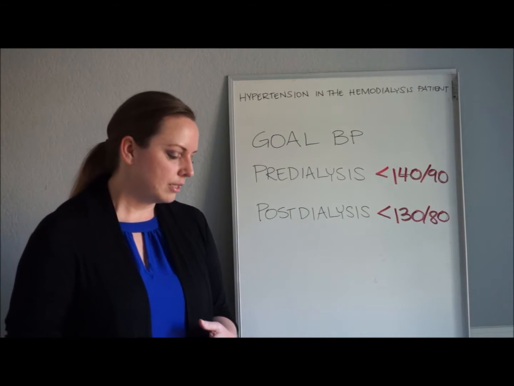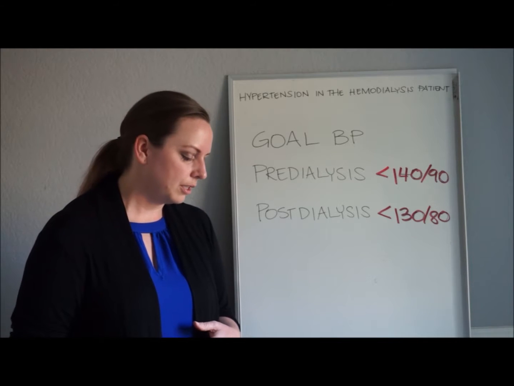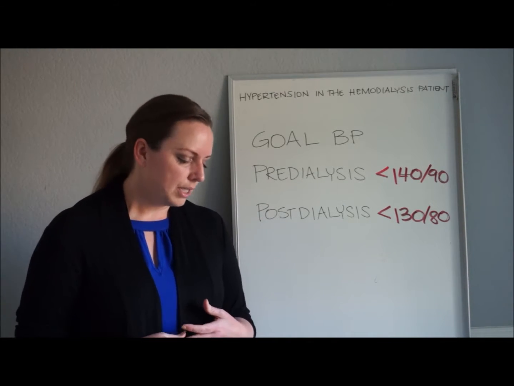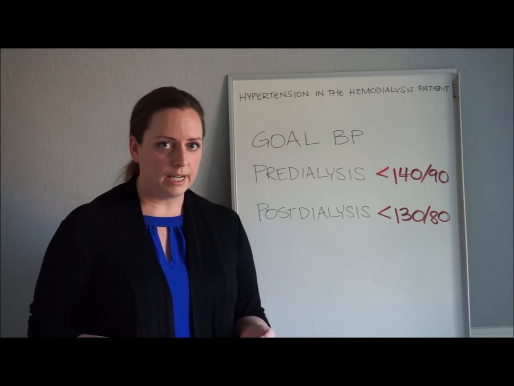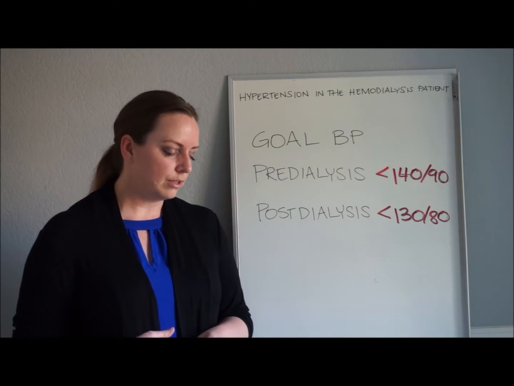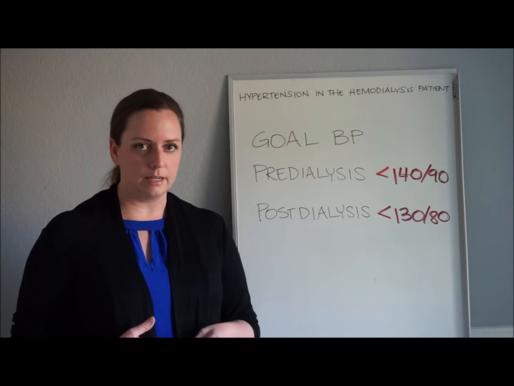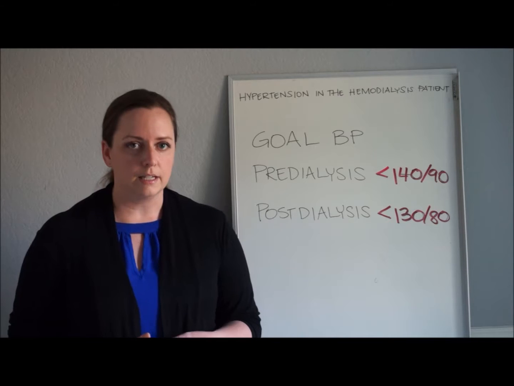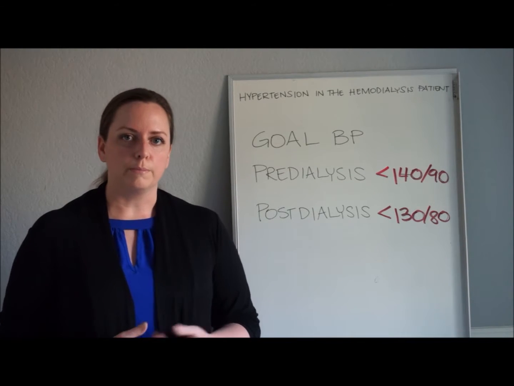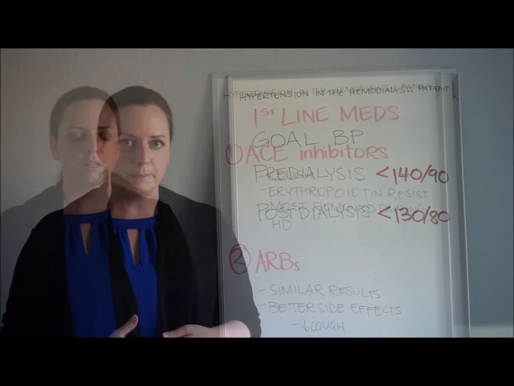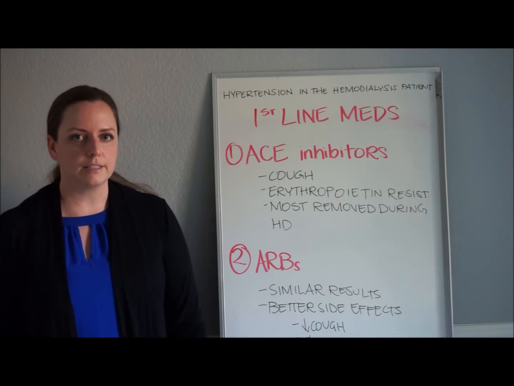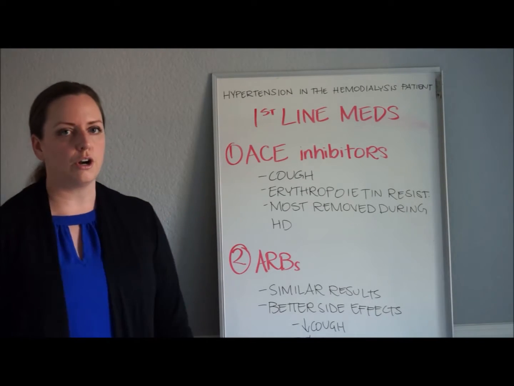As for medications, the National Kidney Foundation suggests that medications that inhibit the renin-angiotensin-aldosterone system, the RAAS system, should be the first-line treatment. This includes angiotensin-converting enzyme inhibitors, also known as ACE inhibitors, and angiotensin II receptor blockers, or ARBs. We'll discuss those in a little bit. The first-line treatments for hypertension in the hemodialysis patient include ACE inhibitors and ARBs.